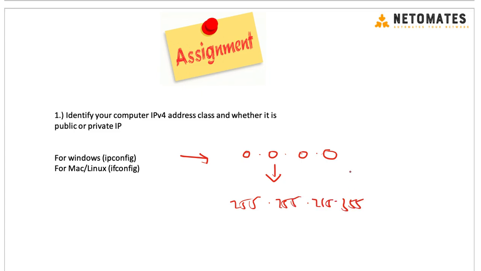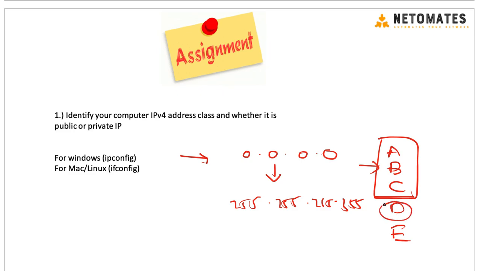So you have to identify which class it is part of, either class A, class B, class C, class D or class E. It should be only within class A, B or C, because computers are not normally configured for multicasting. They support it, but when you run this command, you will only see these 3.